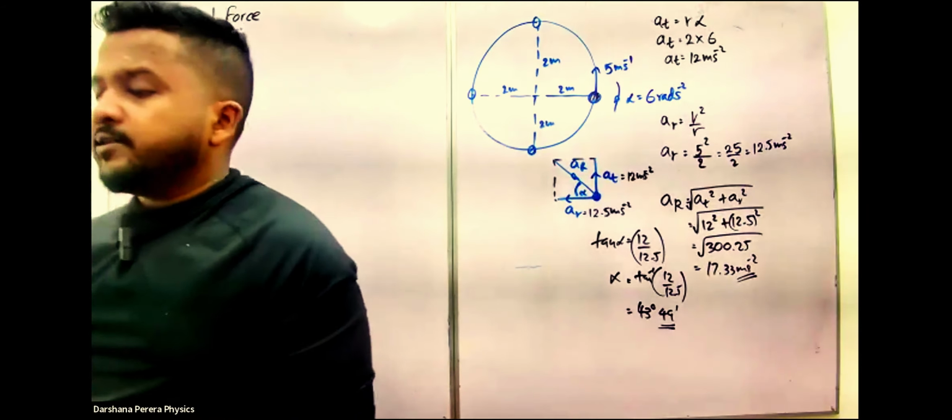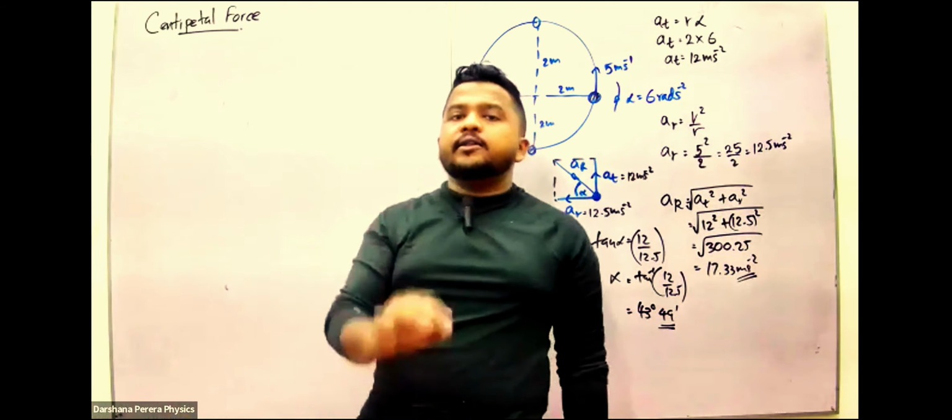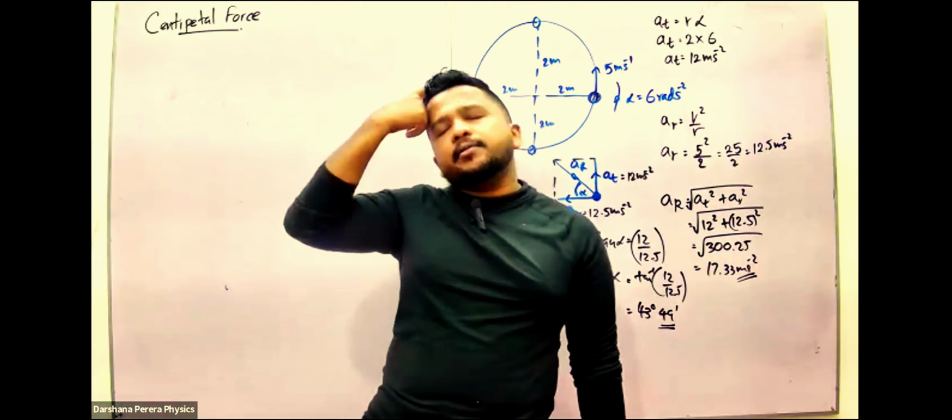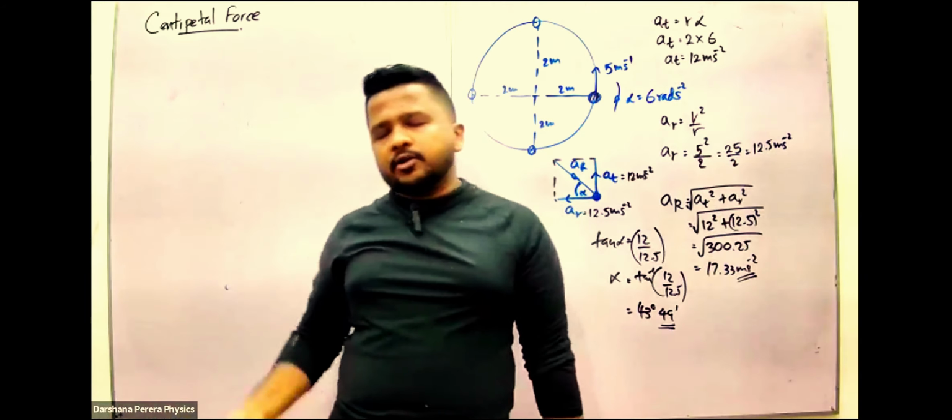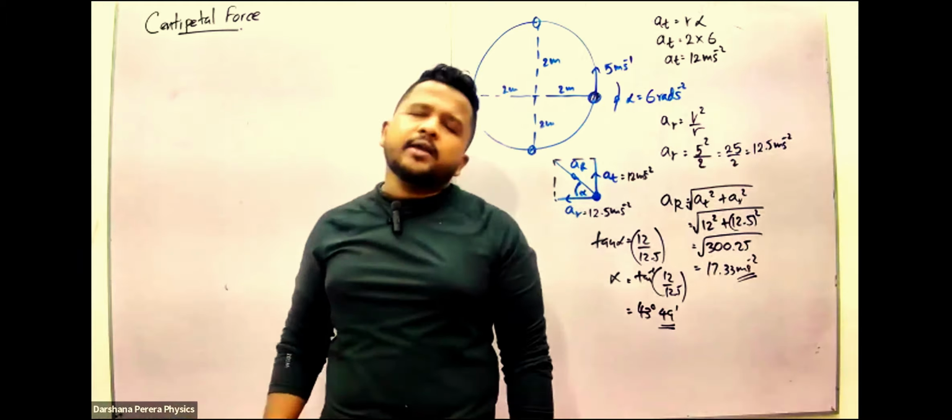We discussed that there is an acceleration component along the radial direction. Every time we start a circular motion, there is a radial acceleration component. Why?